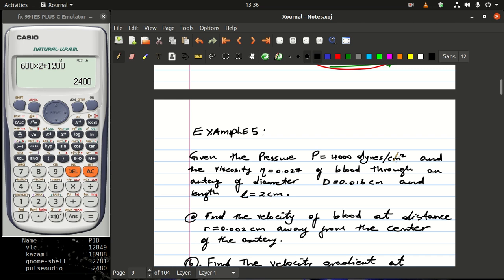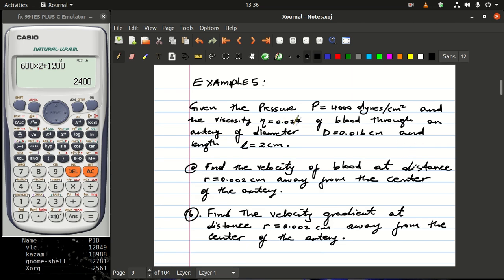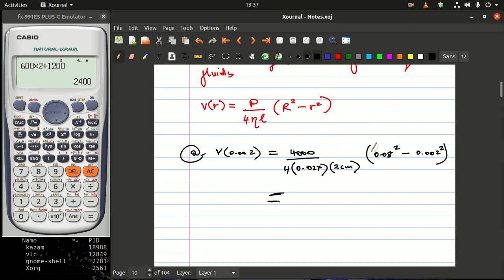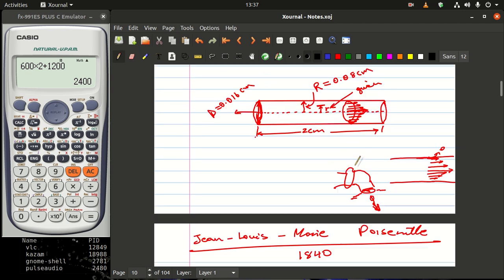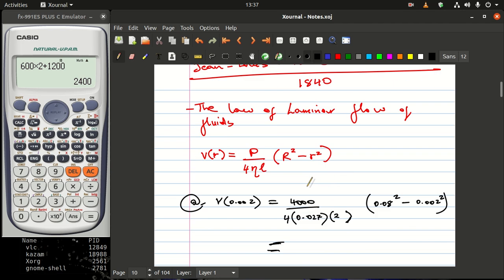Also, viscosity is given in centimeters, and this one is in centimeters. Because I have centimeters in centimeters, I don't have to convert anything, I just plug in everything. But if, say, the length was in meters, then I would have to convert those meters to centimeters. But in this example, it is a very nice example.